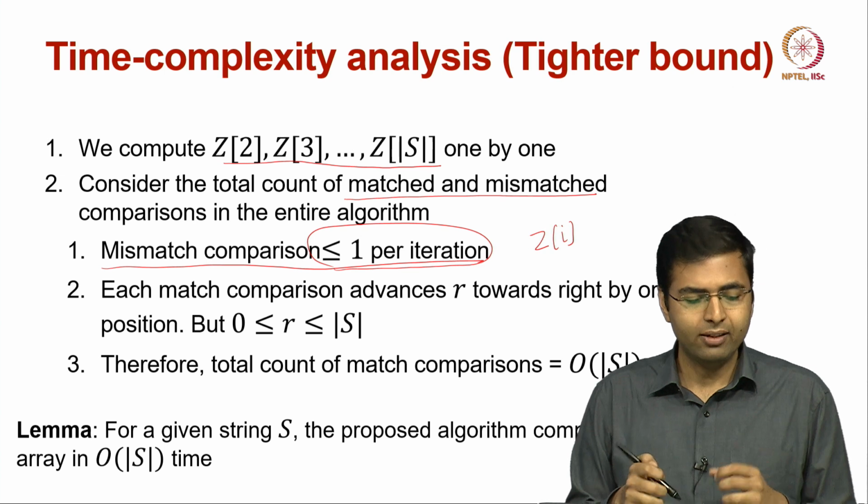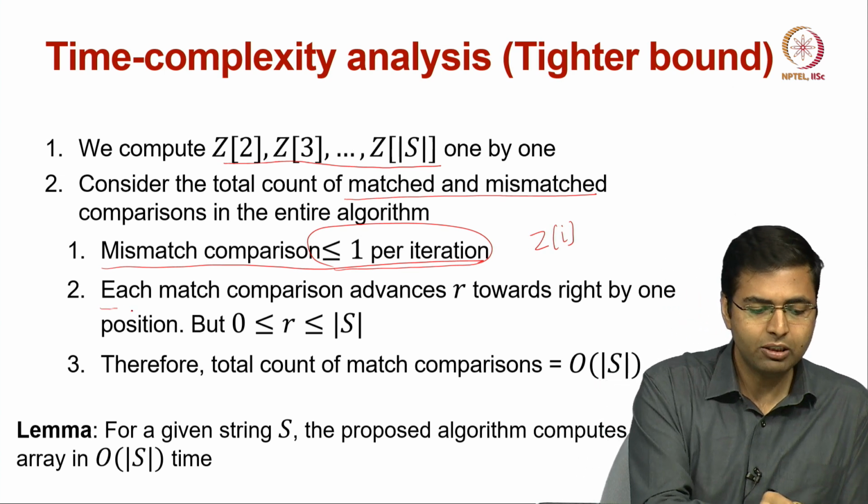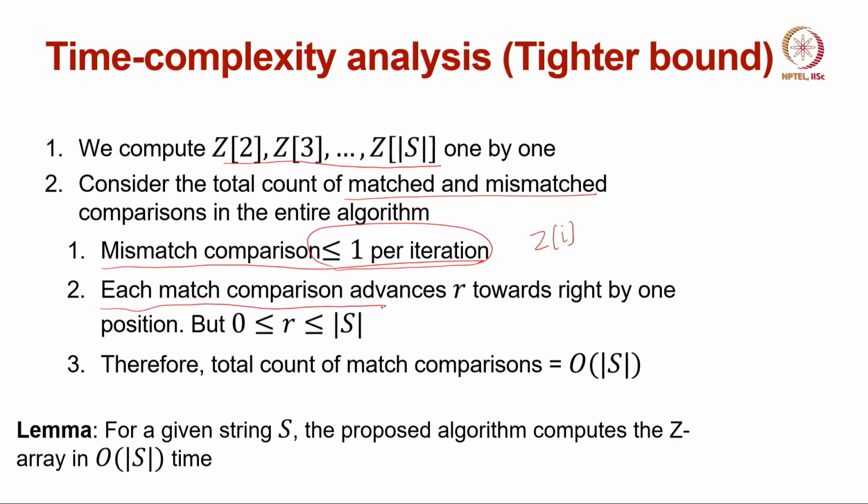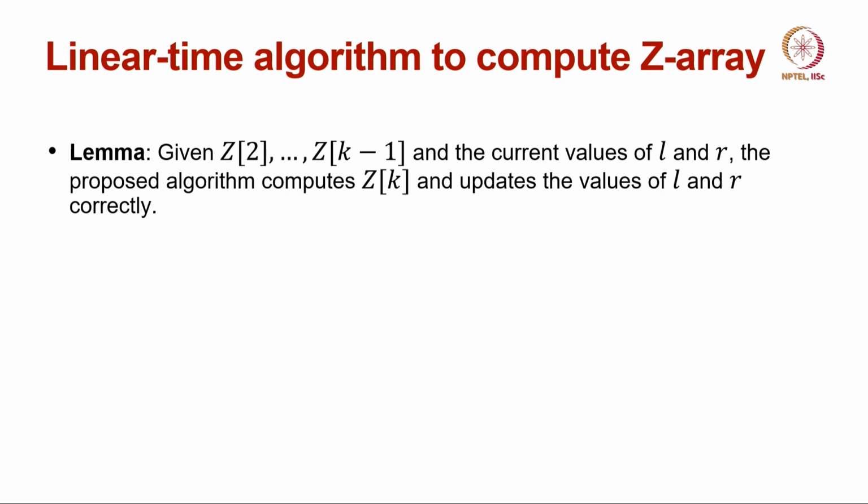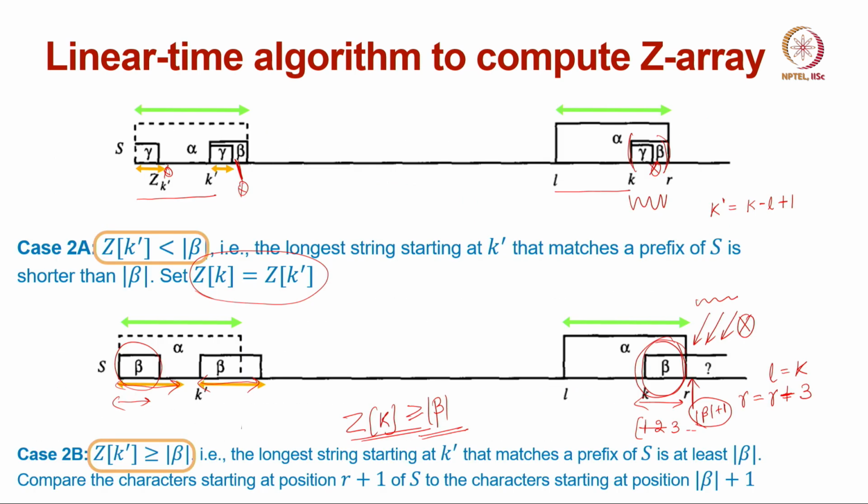Well, to do that, observe that in each match comparison we are also advancing the value of R towards the right by 1 position. For example, as we just discussed here, if we have 3 character comparisons here, then we advance the value of R by 3 positions.